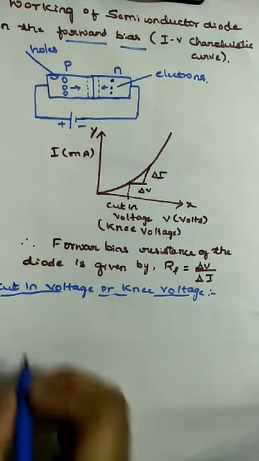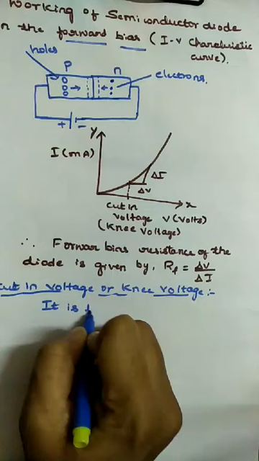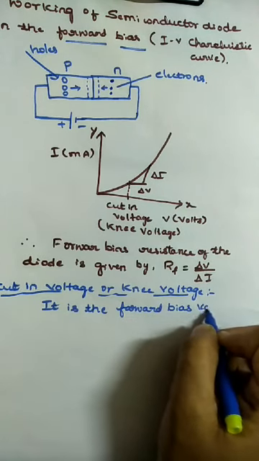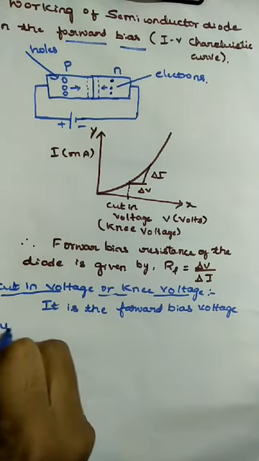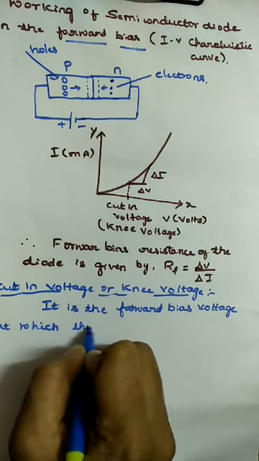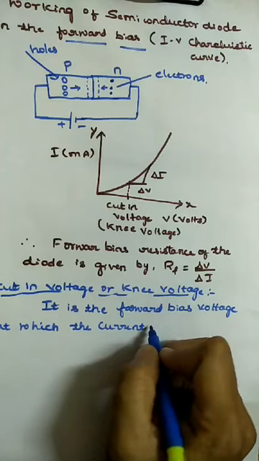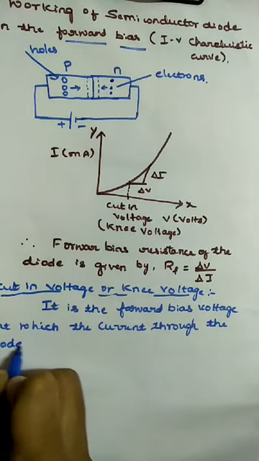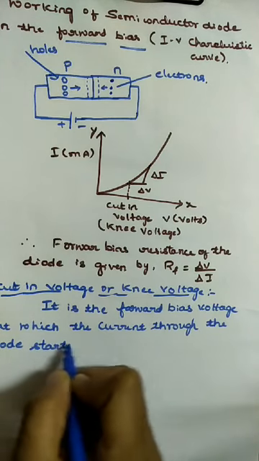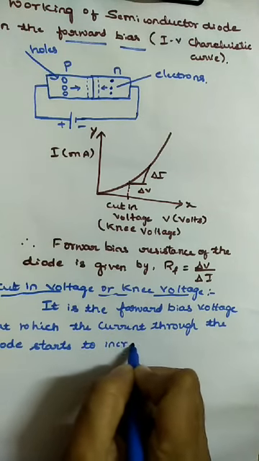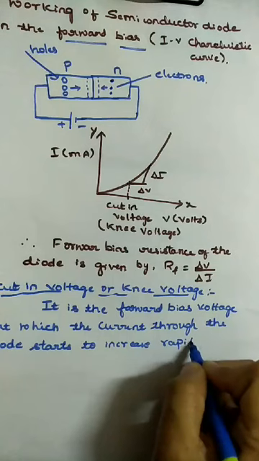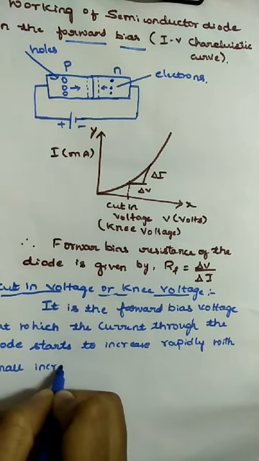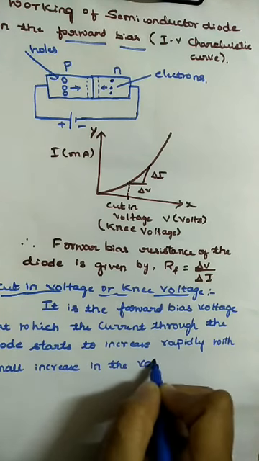It can be defined as the forward bias voltage at which the current through the diode starts to increase rapidly with a small increase in the voltage.